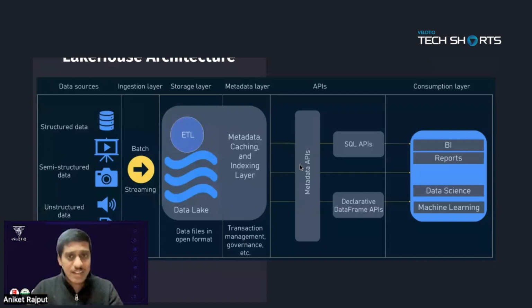The third one is the metadata layer. The foundation of the data lakehouse that sets this architecture apart from all other architectures is the metadata layer. It's a unified catalog that provides metadata. Metadata is basically data giving information about the other data.